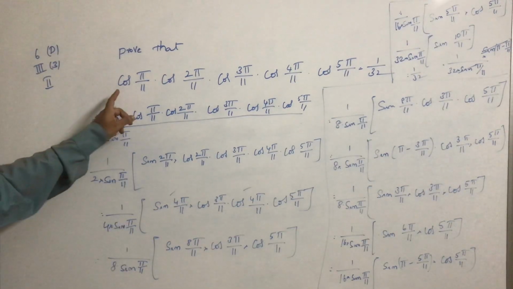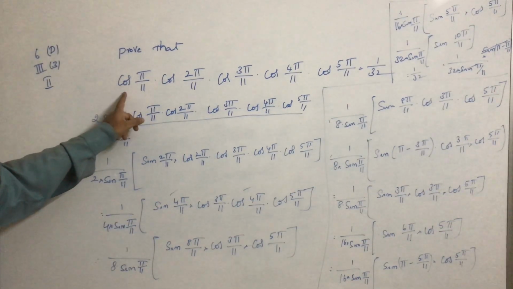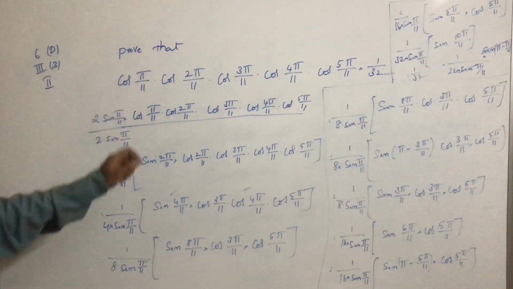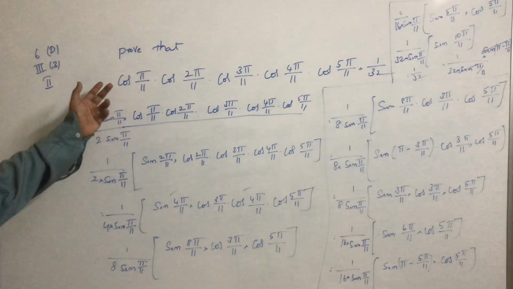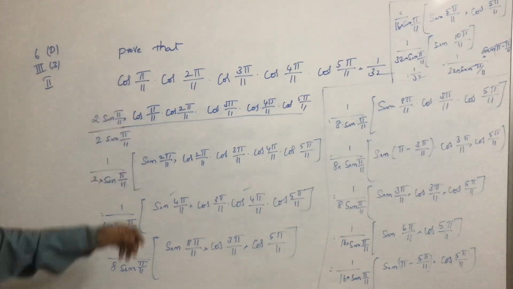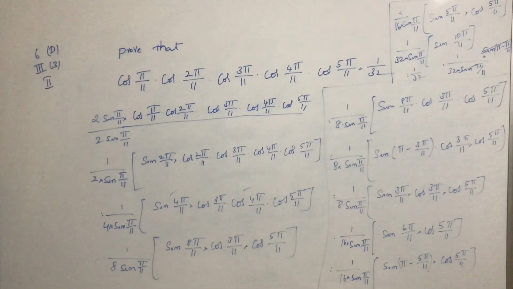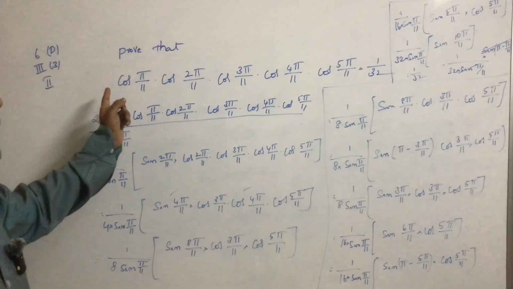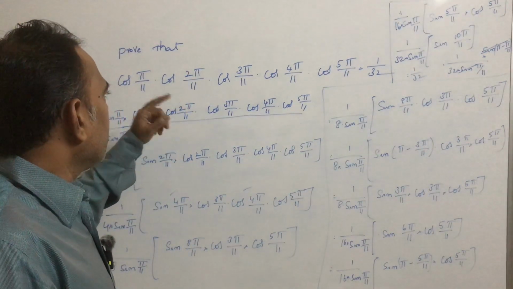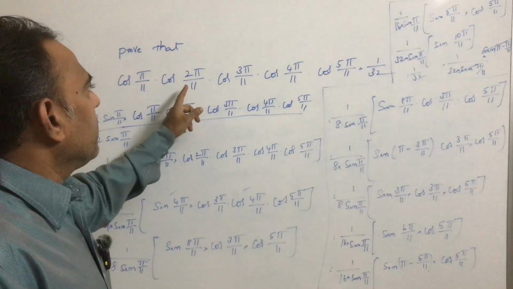If you look at this given carefully, 2 sin pi by 11 is missing, because if we have that term, 2 sin pi by 11 into cos pi by 11 is sin 2 pi by 11. Again it will combine with cos 2 pi by 11 and become sin 4 pi by 11.